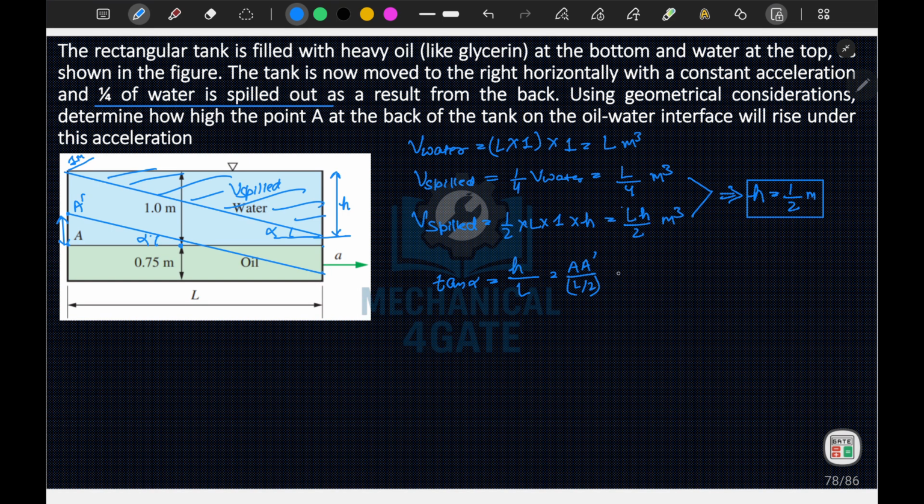If I substitute the values, H we know is 0.5 meter divided by L, which remains the same, is equal to 2 A dash times L. So from here we have obtained A dash is equal to 0.25 meter.